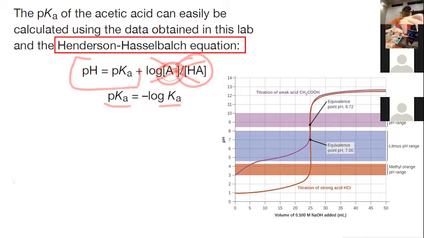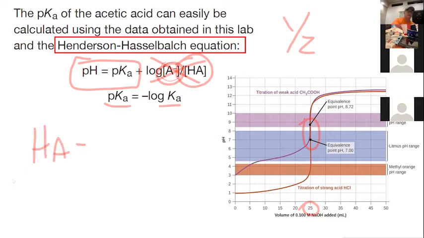These two will equal each other. So look and see when that happens. If that happens, that should be halfway to the total. So the total base added is 25 milliliters. That's the equivalence point.